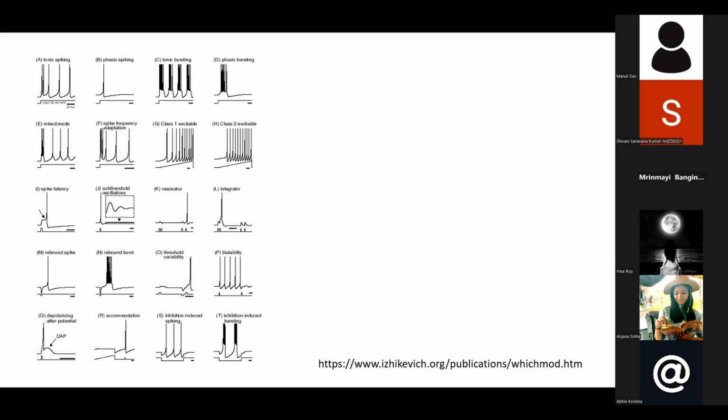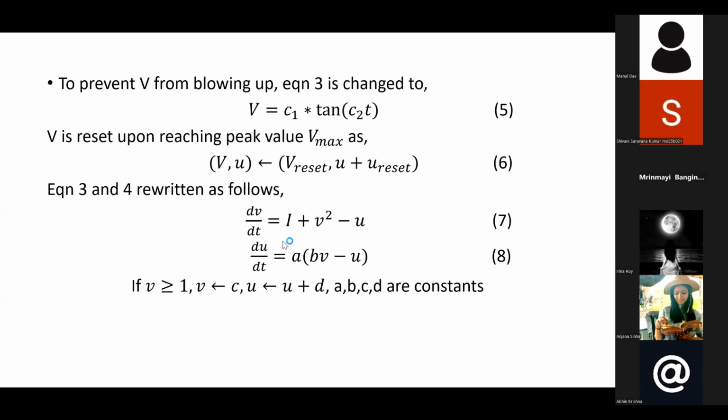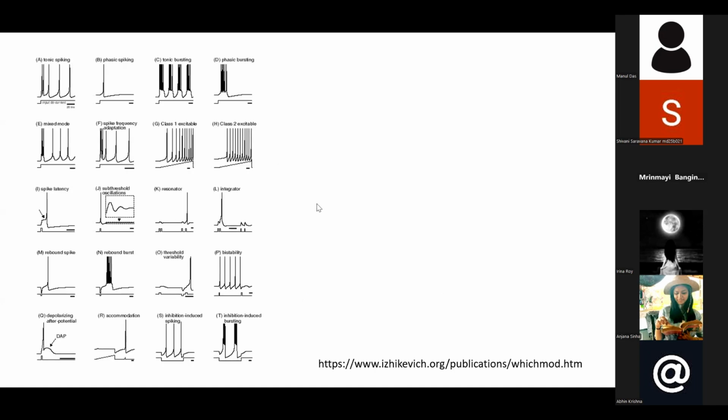But look at these equations: just quadratic nonlinearity, the highest nonlinearity is quadratic. And you have the resetting steps, of course. If v is greater than some threshold, it's reset to c, and at the same time u is reset from u to u plus d. Otherwise, it's a very simple set of equations, and you see such rich dynamics.